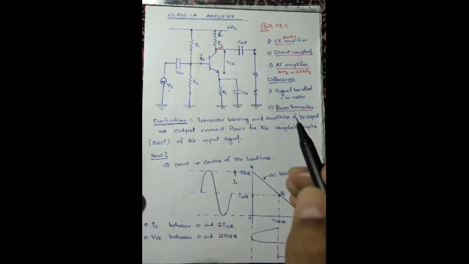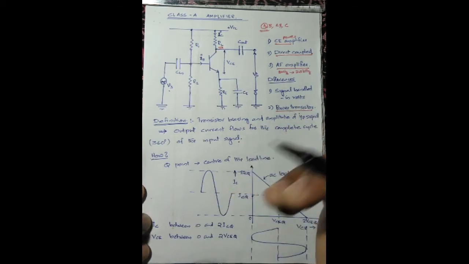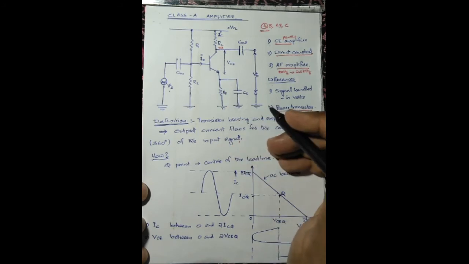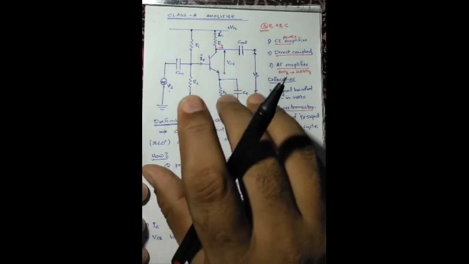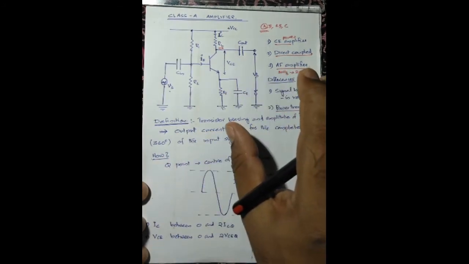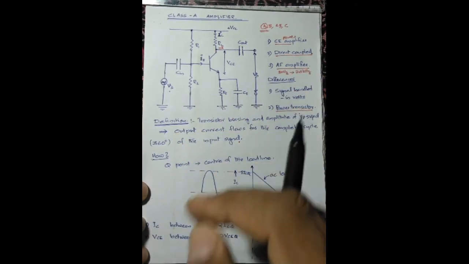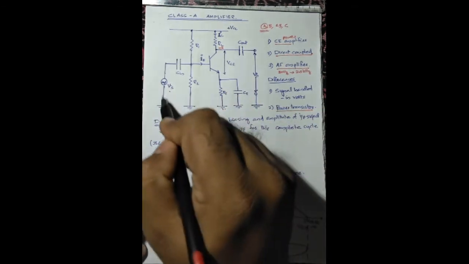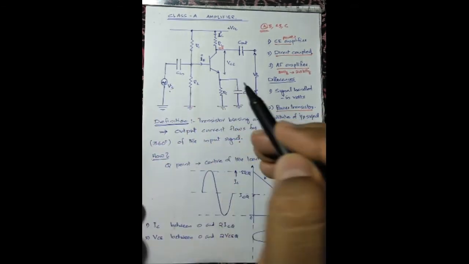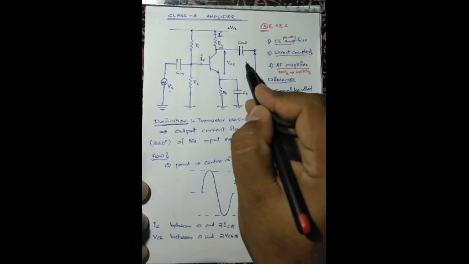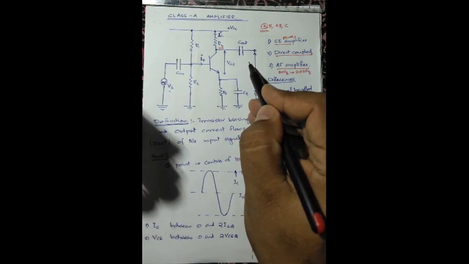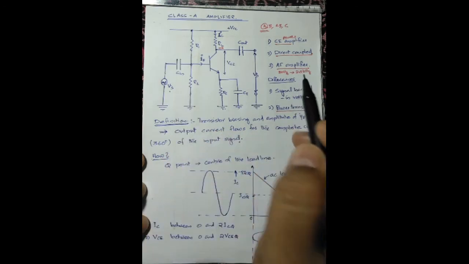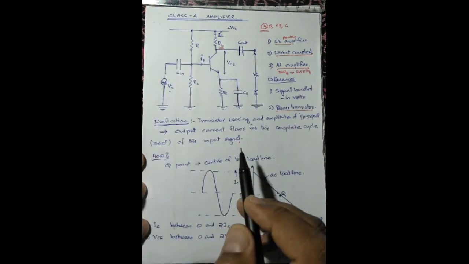This means you are always getting an output whenever you have an input signal. All portions of the input signal are being amplified, and you get it at the output as an enlarged version. So that is the definition of a class A amplifier.